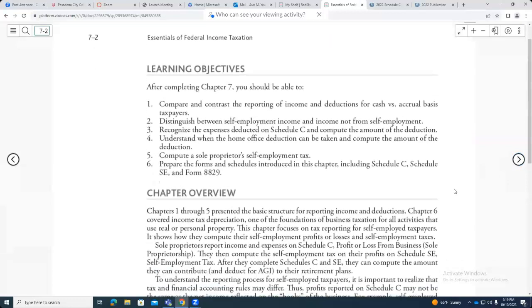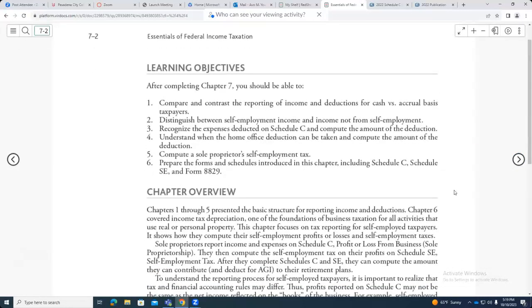So we are going to compare and contrast the reporting of income and deductions for cash versus accrual basis, which we kind of covered before, but we look at it fast.